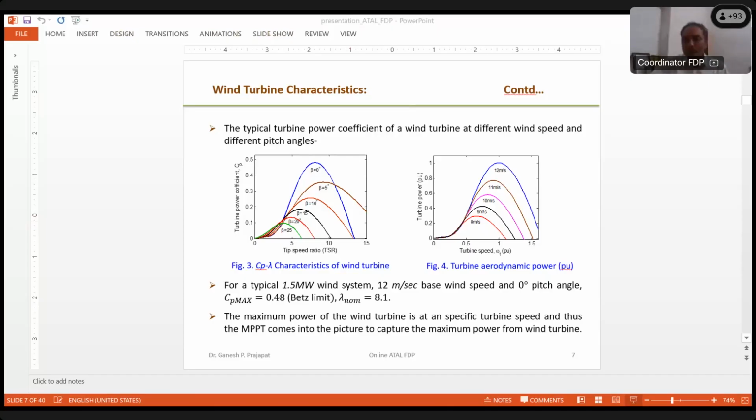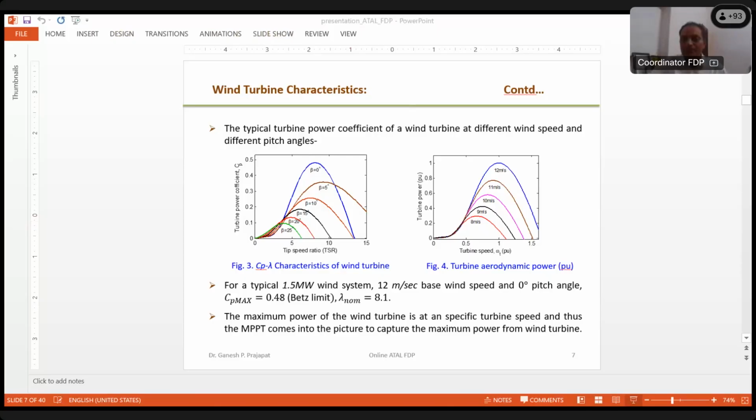With this, we can also see in the right curve that it is also changing with the wind speed. So if the wind speed is lower, then the optimal turbine speed is something here. It's something like 0.5 and let's say 0.7. But if it is 9 meter per second, then it comes out to be 0.8. Then if it is 10 meter per second, then let's say 0.9.